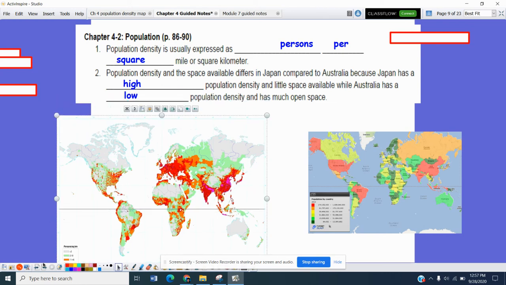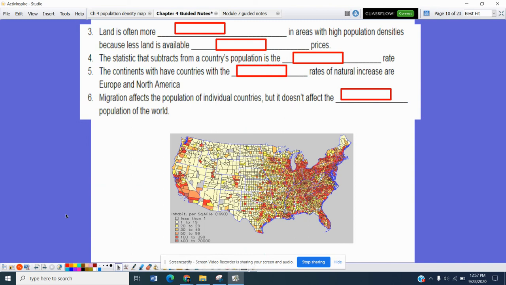All right, number three. Land is often more expensive in areas with high population densities because less land is available, driving up prices. The statistic that subtracts from a country's population is known as the death rate or the mortality rate.